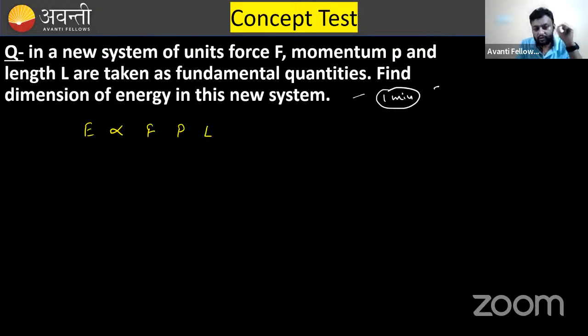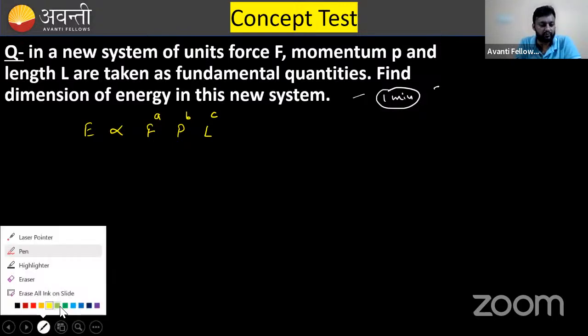If it is proportional to these quantities, then it must have some powers. Let's suppose A, B, and C. These are the powers. Now, the steps are very clear: write down the dimension of each term and compare the dimensions. These are the basic fundamental steps you should follow.